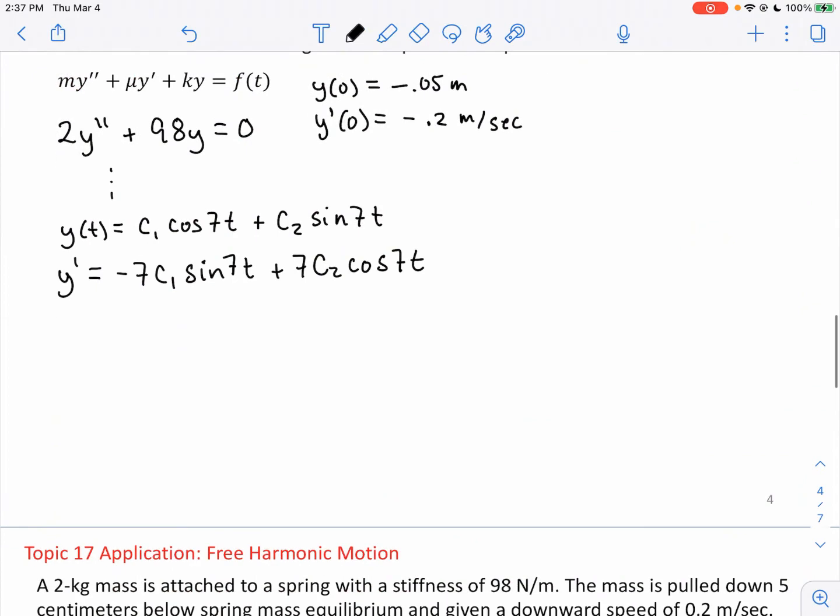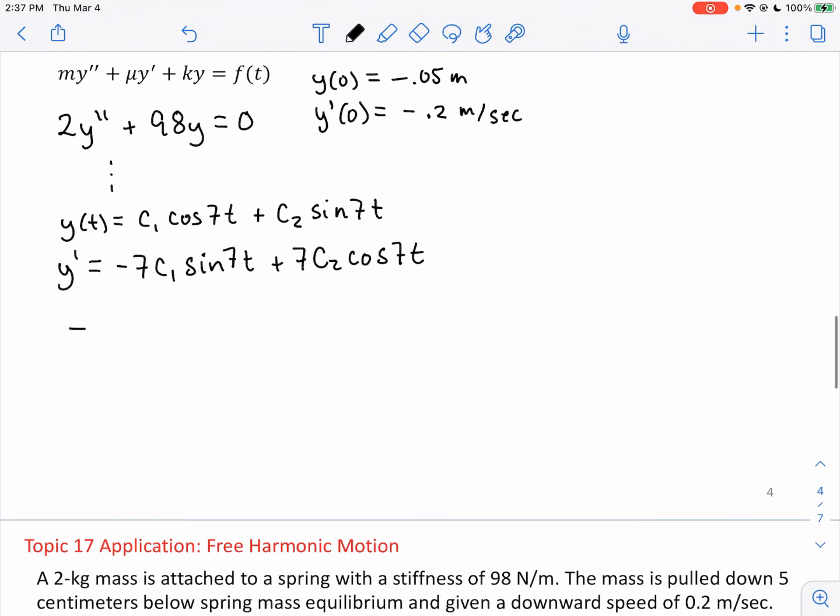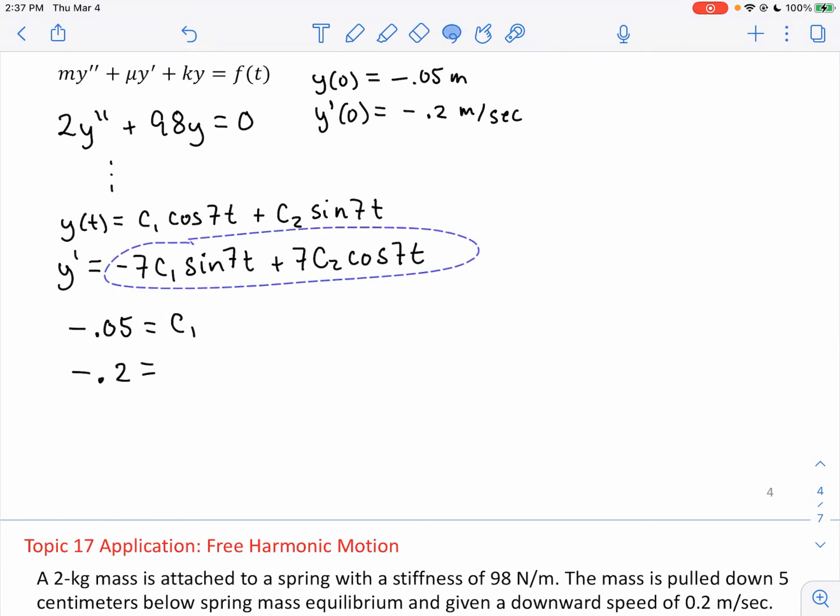And now we can plug in 0 for t. Let's do the first equation. Plug in 0 for t and y is negative 0.05, sorry. And when t is 0, we just get c1 again. So c1 is still negative 0.05. But now when I plug in y prime equals negative 0.2 at the same time that I plug in 0 for t in this derivative equation, we're going to get 7c2 on the other side.